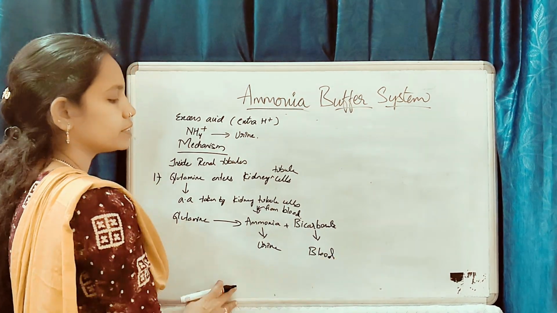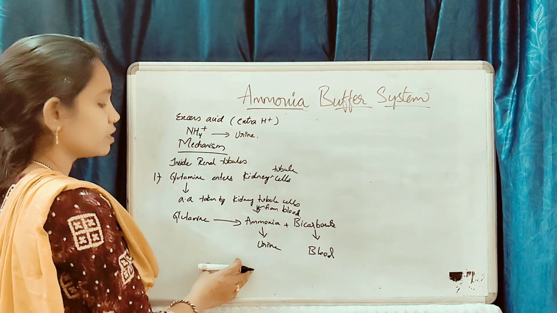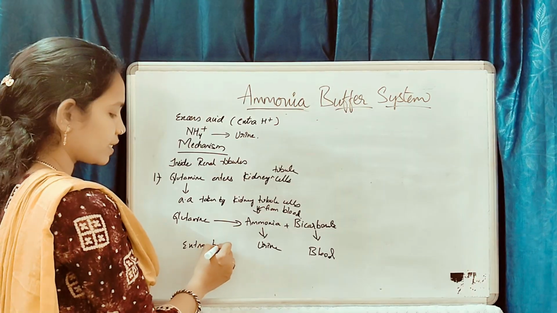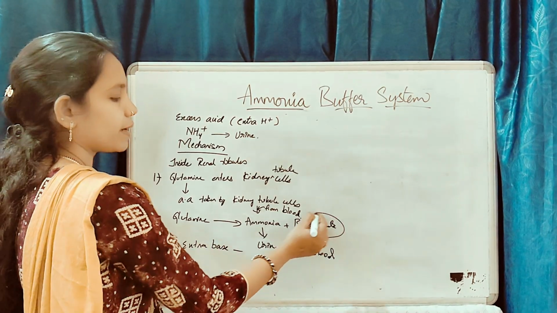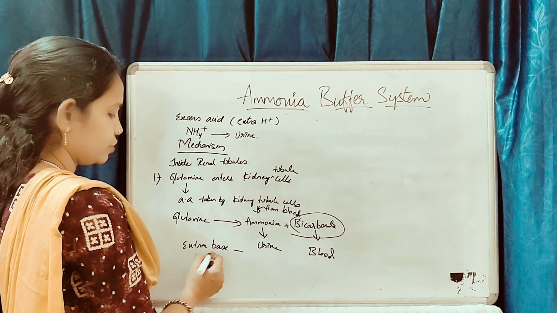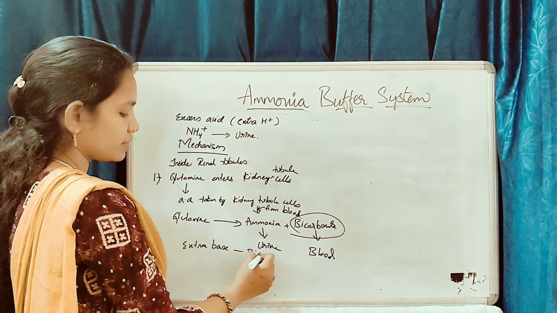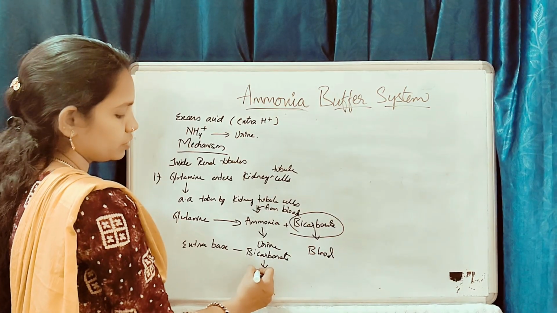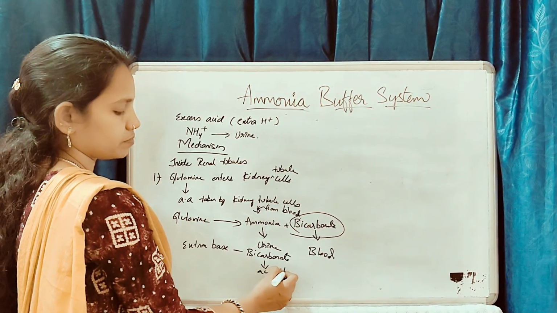Now this process helps the body to gain extra base. Now here what is acting as the extra base? Bicarbonate ion. So here bicarbonate ion acts as an extra base to reduce acidity.